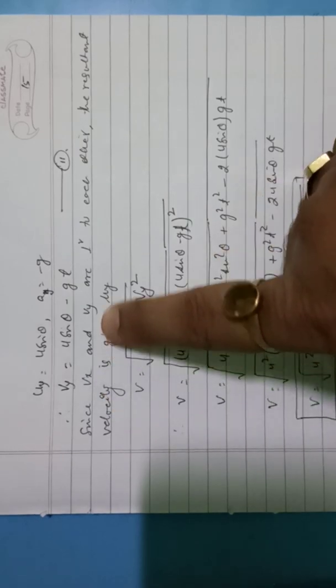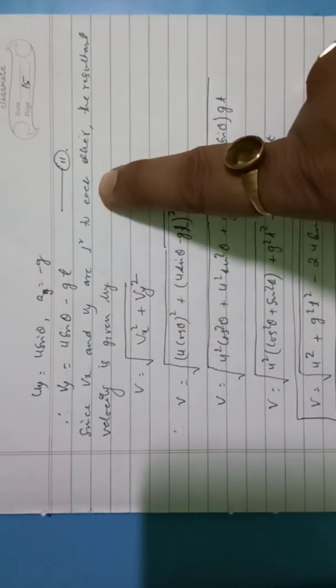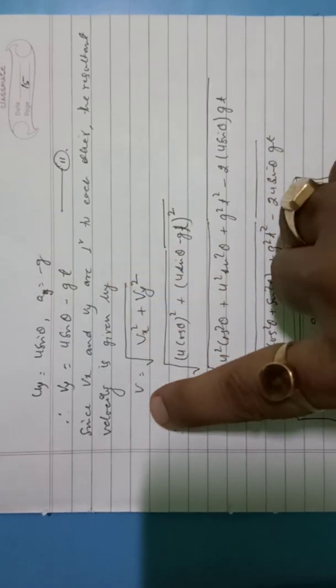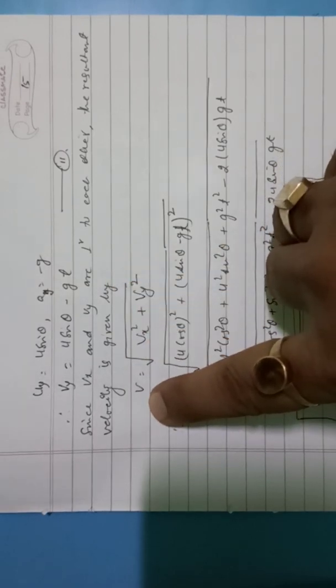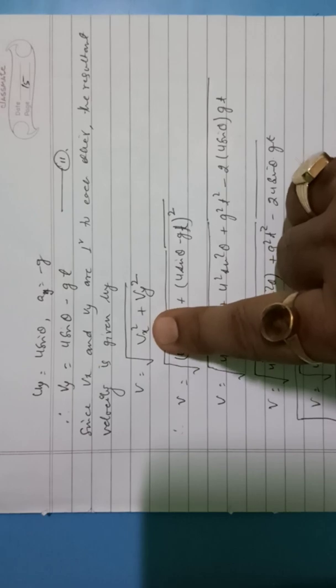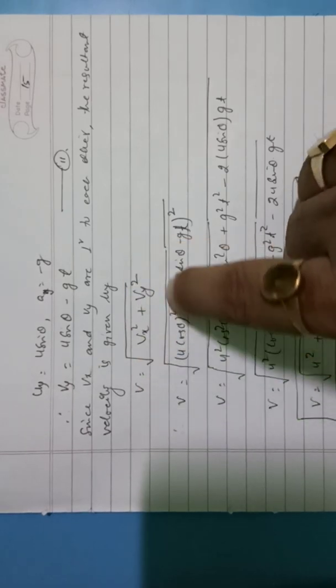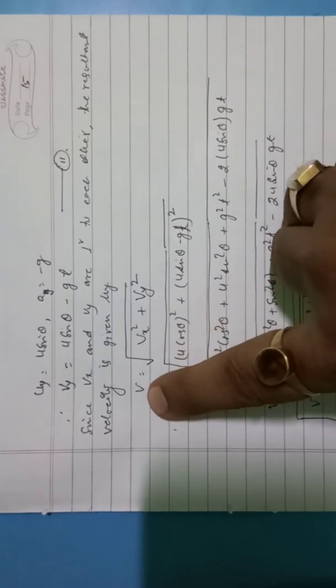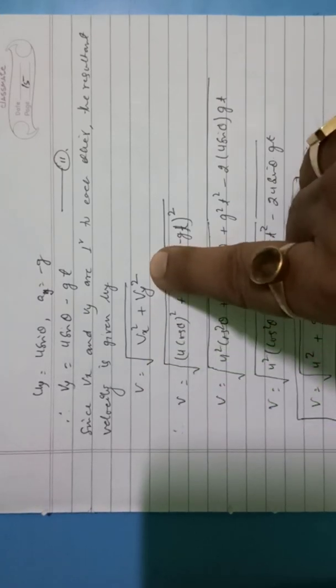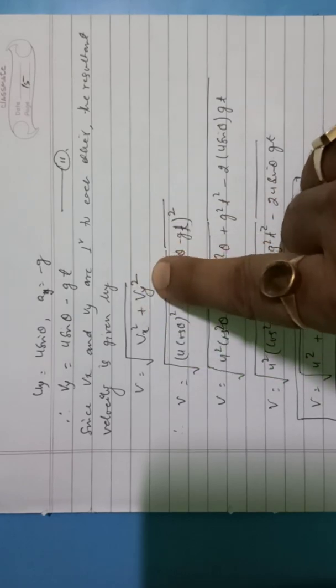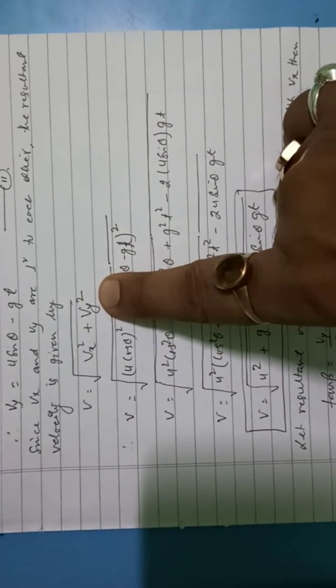Since the Vx and Vy components are mutually perpendicular to each other, their resultant velocity V is given by the Pythagoras theorem: V is equal to root under Vx square plus Vy square. Is it clear? V square is equal to Vx square plus Vy square.